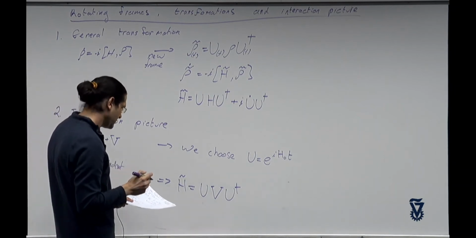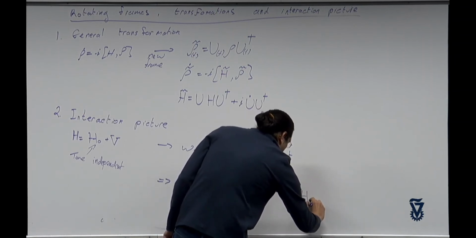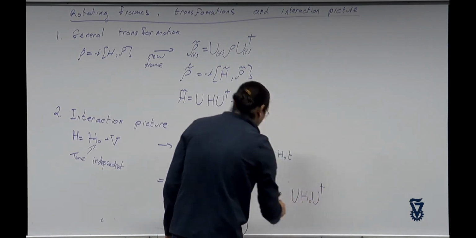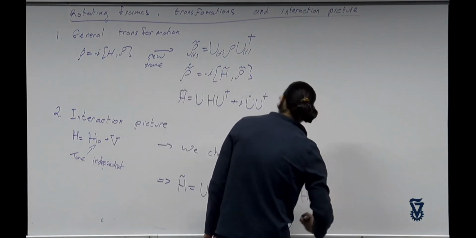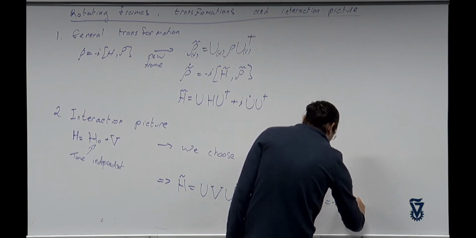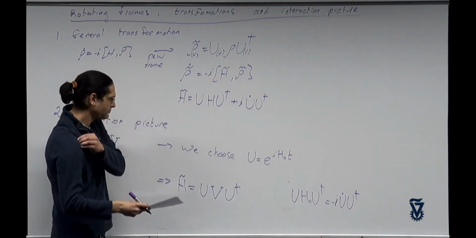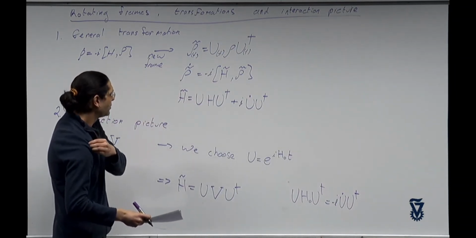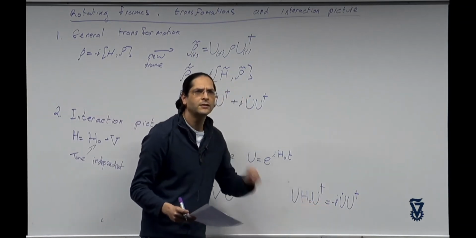This basically comes about because if you calculate U H naught U dagger, that just becomes minus i U dot U dagger. So these two terms simply cancel out.